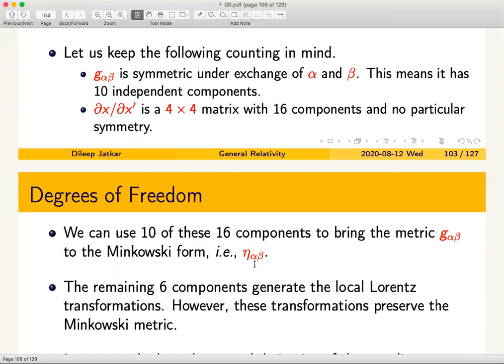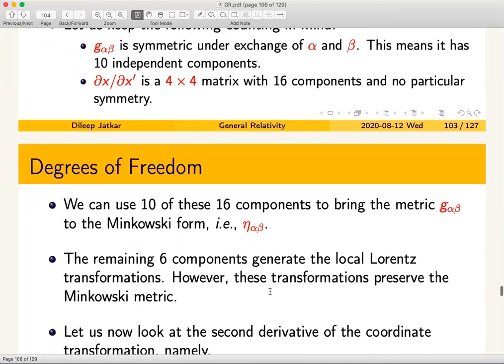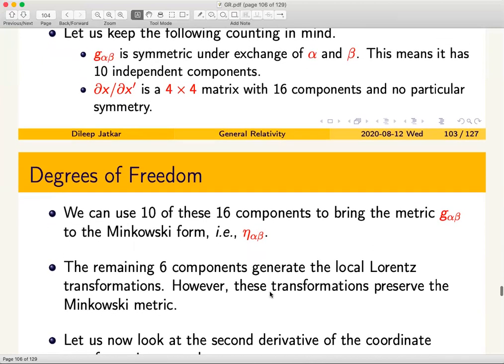After bringing it into eta alpha beta form, you can still do local Lorentz transformations, which could be boosts or rotations, and it would leave this eta alpha beta invariant. So the remaining 6 components of del x by del x prime are basically just local Lorentz transformations. Is that okay?